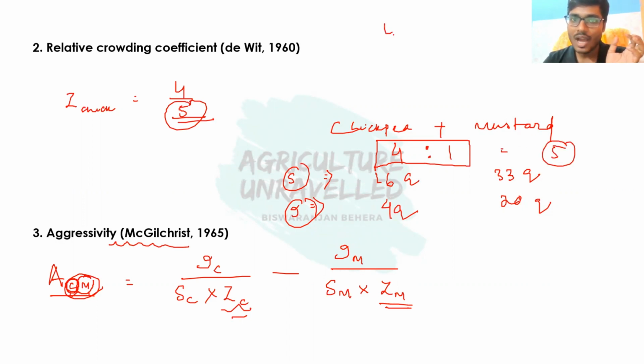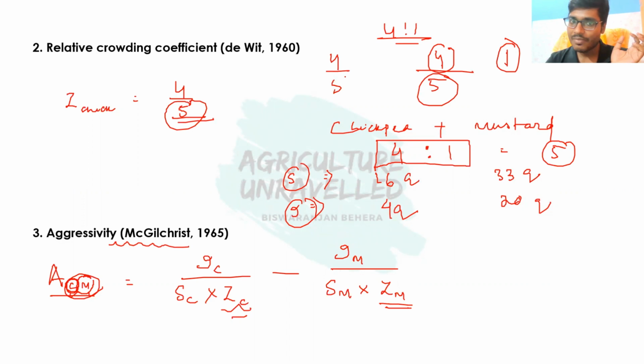4:1 means out of 5 parts, chickpea is shown in 4 parts and mustard is shown in 1 part. Okay, so the proportion of chickpea will be 4 by 5 and the proportion of mustard will be 1 by 5. I think it is clear.